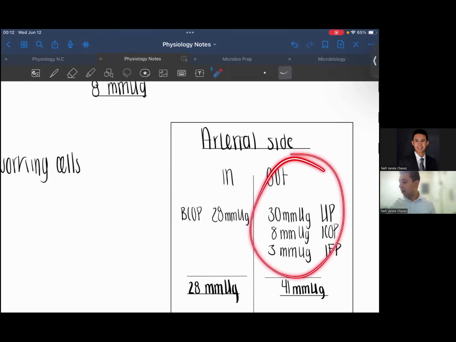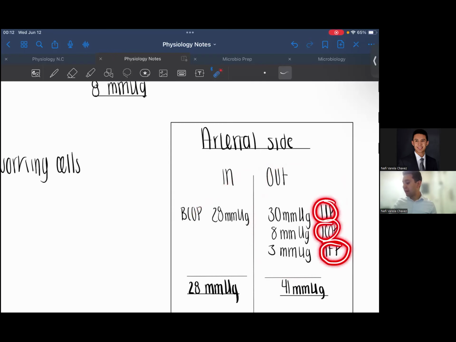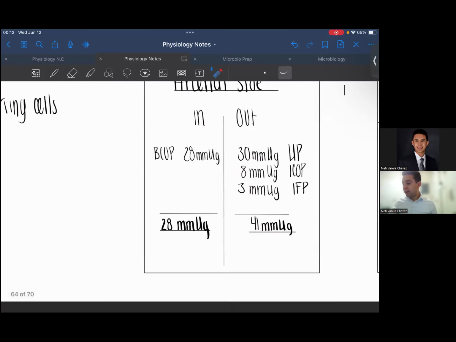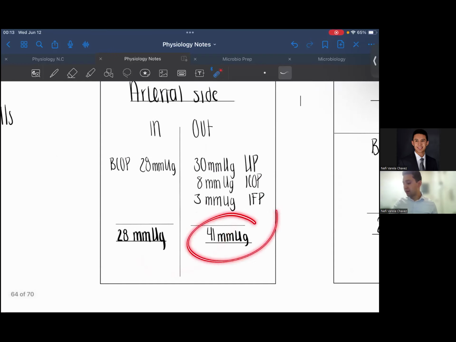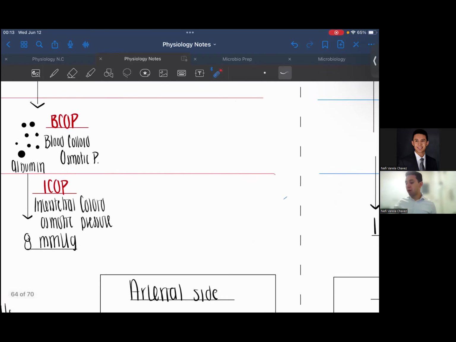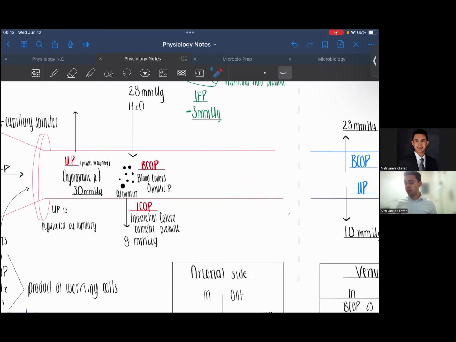And taking it out, we're going to have 41, adding HP, ICOP, and IFP: 30, 8, and 3, 41. So as we see, we have more water leaving the artery than coming in. This number is bigger, so we have more water going to the interstitial space.